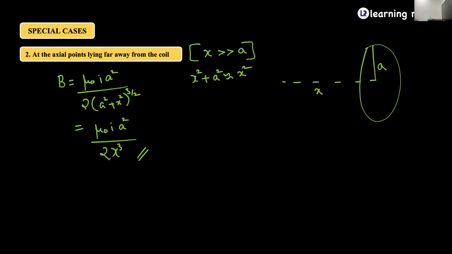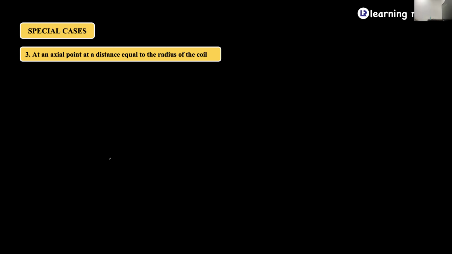See, one last condition is at an axial point which is at a distance equal to the radius of the coil, meaning x equal to a. So mu naught I a square divided by 2 into a square plus x square the whole power 3 by 2. Put x is equal to a here.